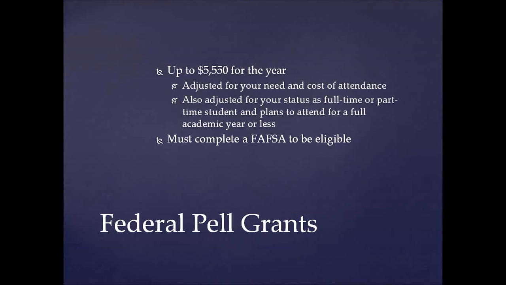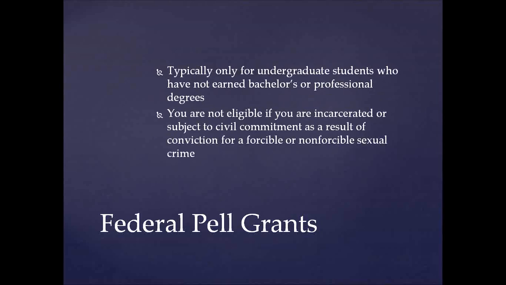To apply for a Pell Grant, all you need to do is complete your FAFSA, and you can see an estimate for how much you'll be awarded on your student aid report, or your SAR. You can contact your college or university's financial aid department to find out how much you're actually awarded and how to accept your award. And these grants are typically only available to undergraduate students.